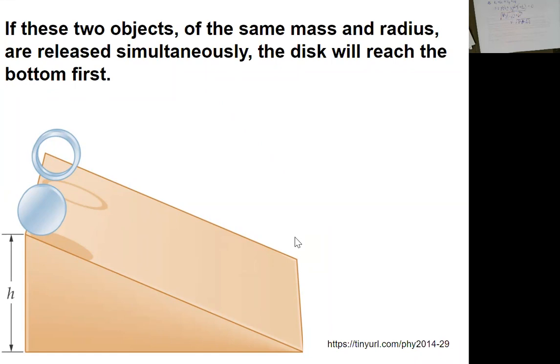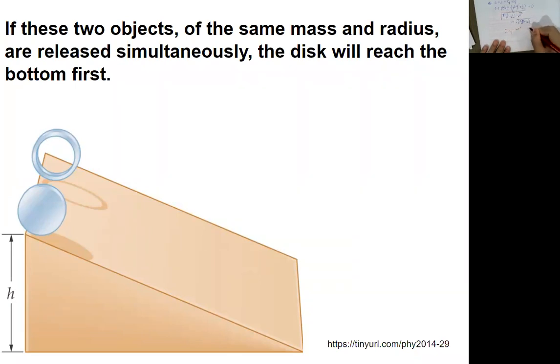So you will really be just comparing the I, right? If you have a larger I, then this denominator will be larger, so the speed will be smaller. So if you are looking for which one reaches the bottom first, you want the one with the smaller I. For a ring, I is equal to mr squared.